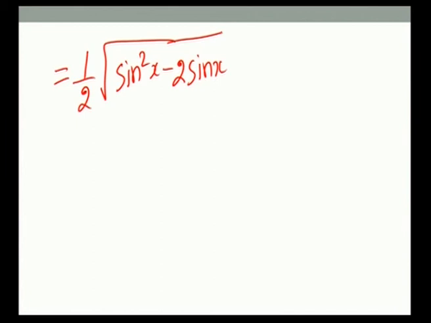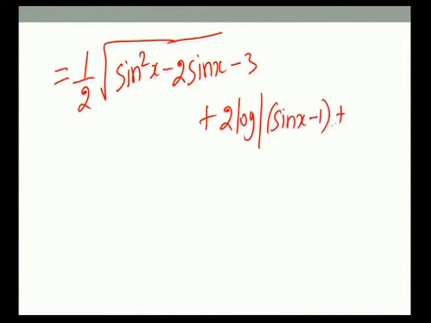It is equal to 1 by 2 square root of sin square x minus 2 sin x minus 3 (the value of z is substituted in the final expression), plus 2 into log of sin x minus 1 plus square root of sin square x minus 2 sin x minus 3, plus c, is the final expression of the integration.